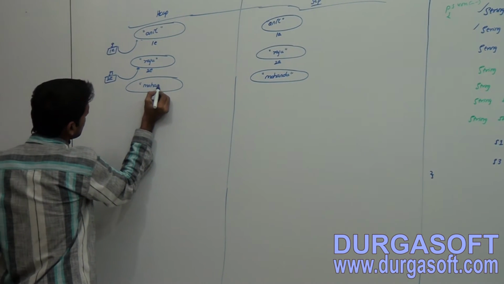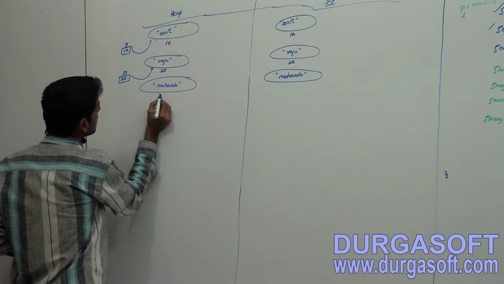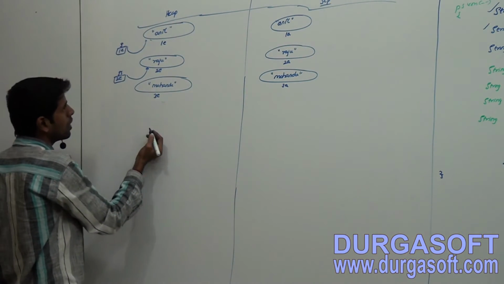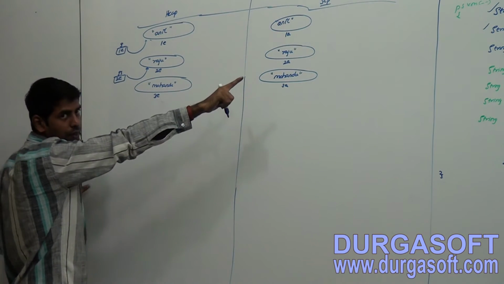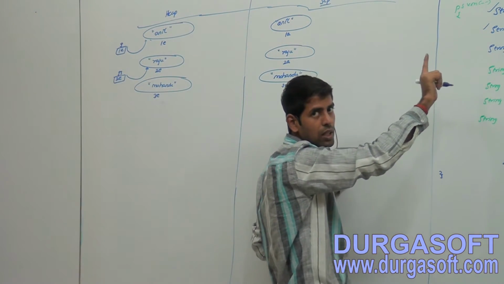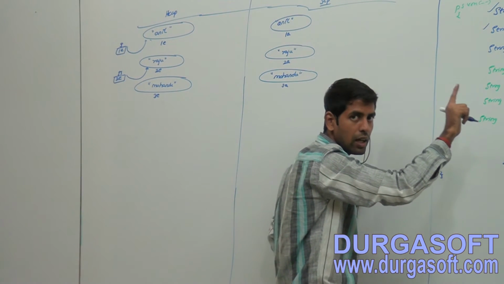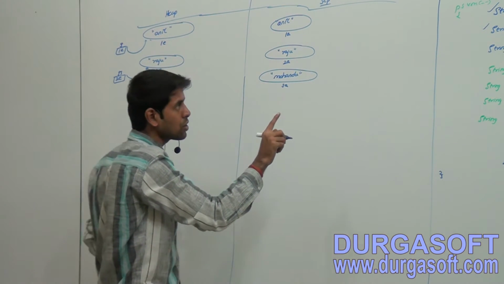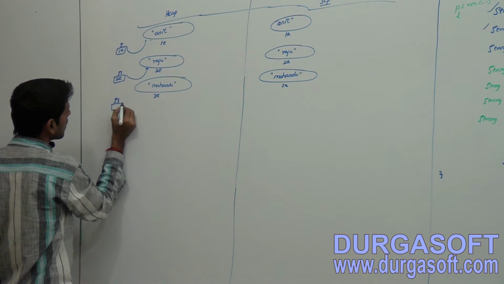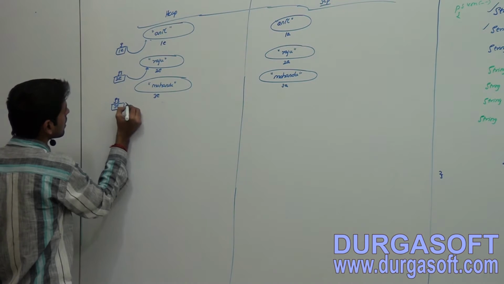This object will have a reference value, and this object also will have a reference value, and S3 will contain which object data? The object created here. This object data. S3 will contain this object data.